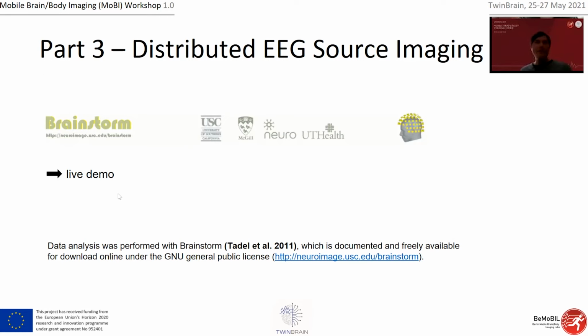If you want to learn how to use this toolbox, I can highly recommend either reading the tutorials, or they also do specific classes or tutorials themselves that are much longer. Now I try to squeeze in as much as I can in half an hour that is related to our workshop. But of course, Brainstorm is a much wider framework that I think is still worth looking at. I can highly suggest just having a look.